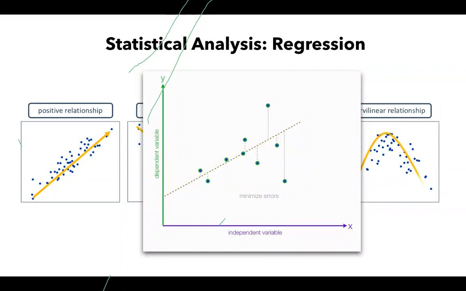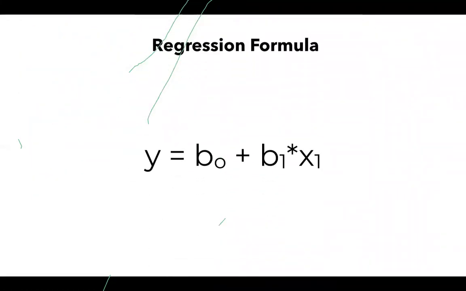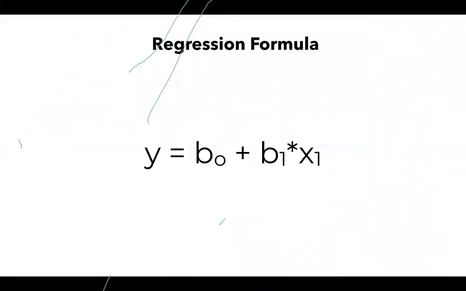As I was telling you, what we are trying to get to is how these are correlated, and how we use regression to understand how we can predict using the data that we have and by finding the relationship within that data. Now we will look into the regression formula.